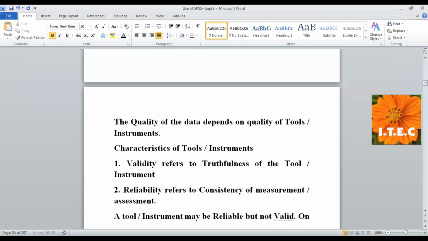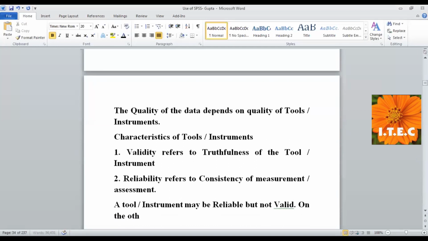On the other hand, if the tool is valid, then the tool has to be reliable.